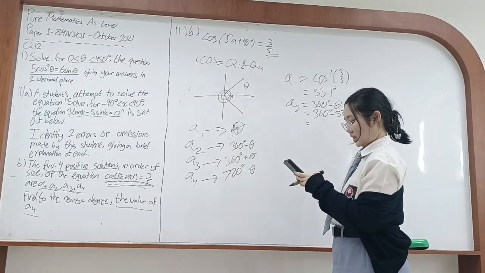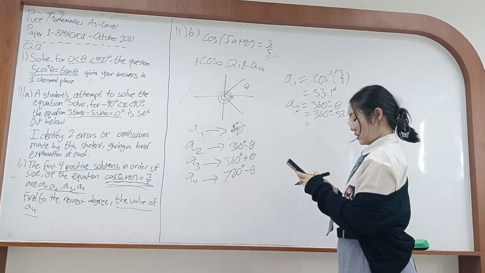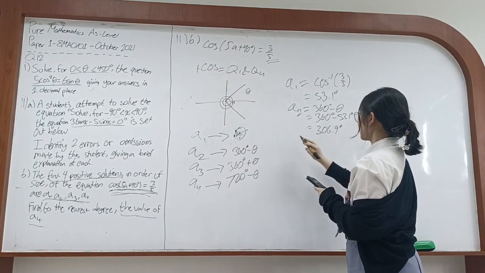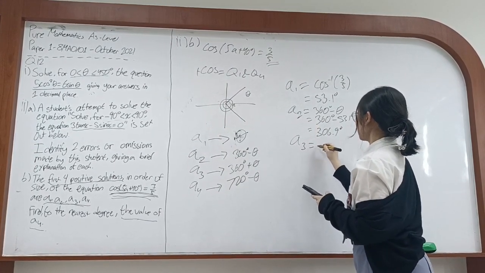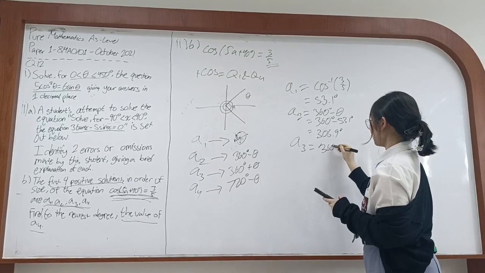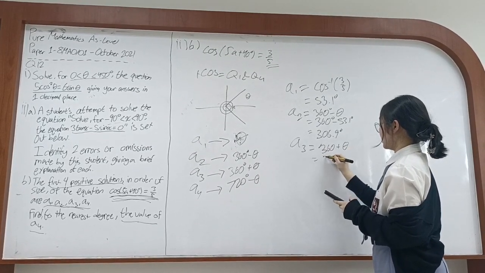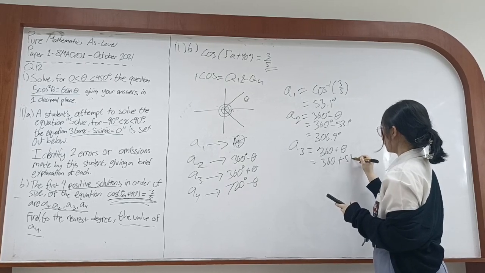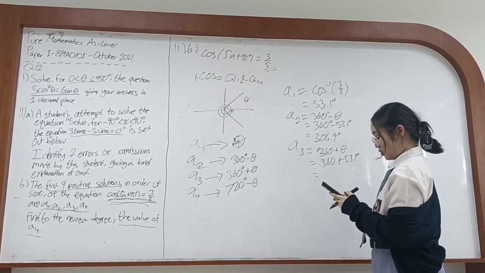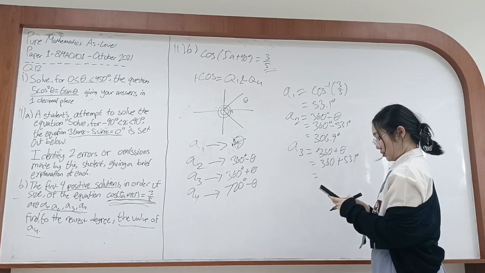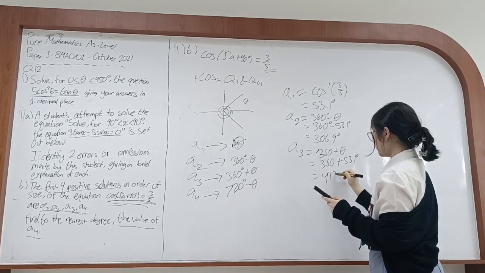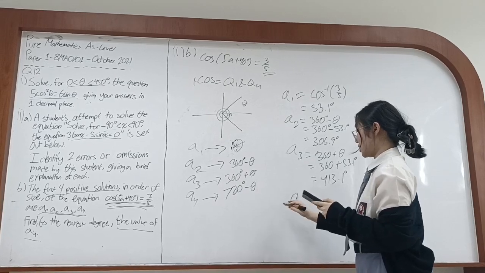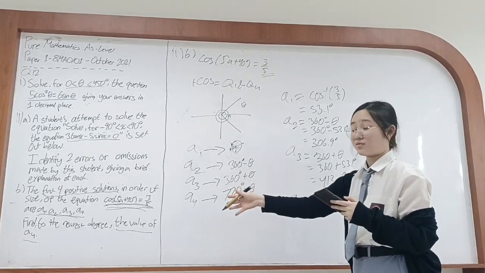Putting that in the calculator, 360 minus 53.1 will be 306.9 degrees. The next one is A3, which is 360 plus theta, so 360 plus 53.1. In the calculator, it will be 413.1 degrees.